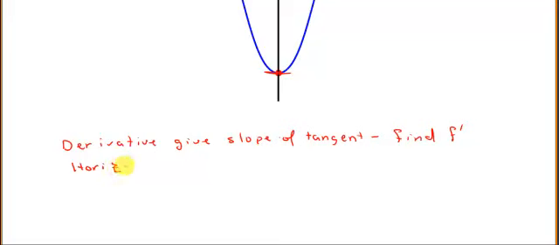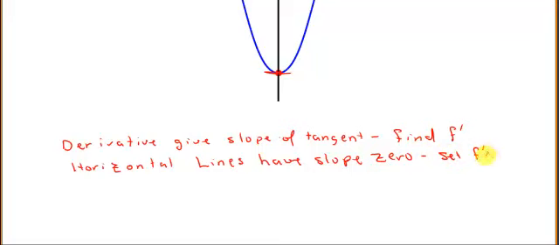Horizontal lines have slope 0, so set f prime of x to 0 and then solve for x.